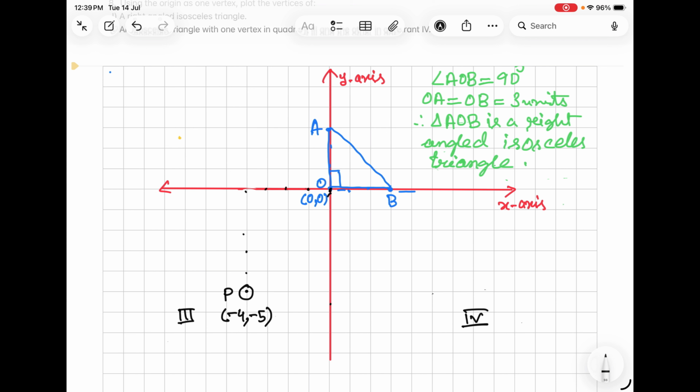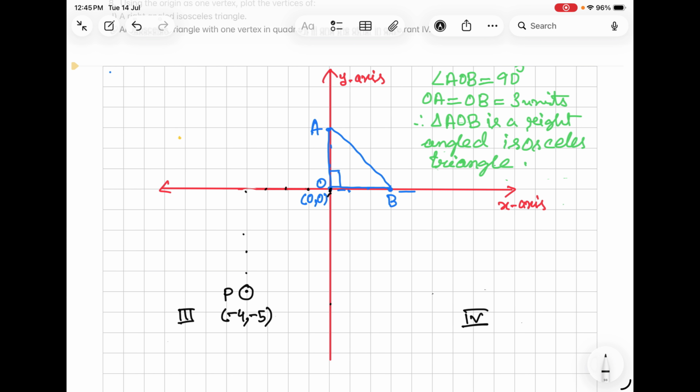Now the important point is, since we have to create an isosceles triangle, the third vertex should be the mirror image of the second vertex. The second vertex is P, whose coordinates are minus 4, minus 5, and the third vertex is in the fourth quadrant, so it should be the mirror image of P. What is a mirror image actually?